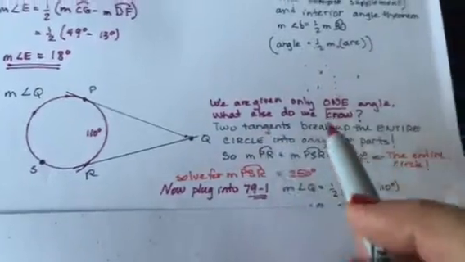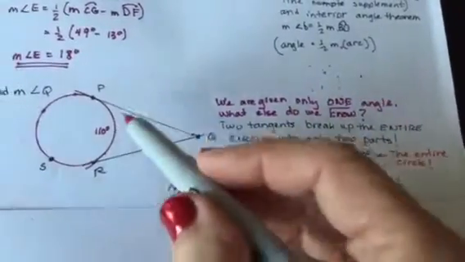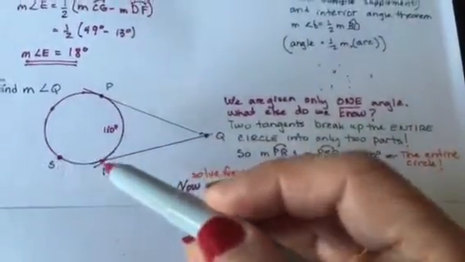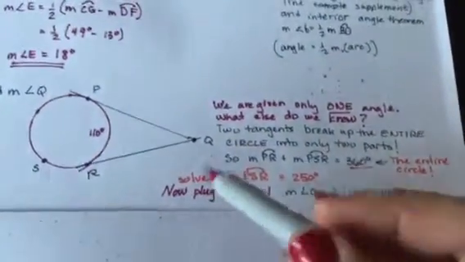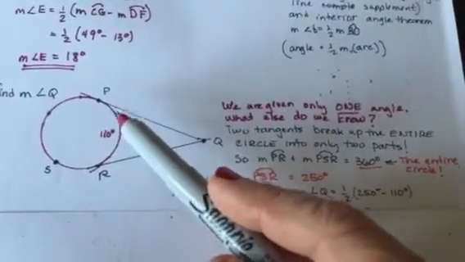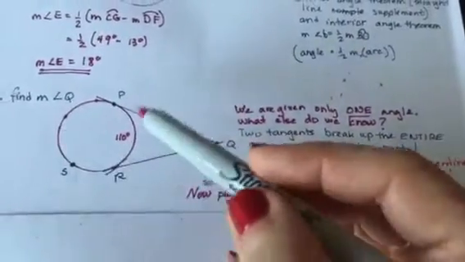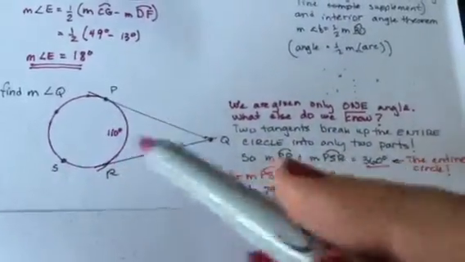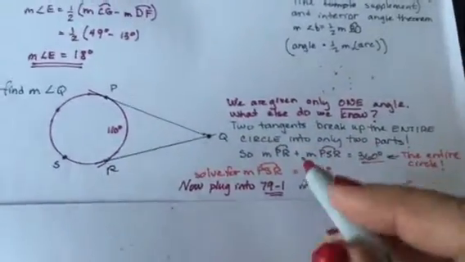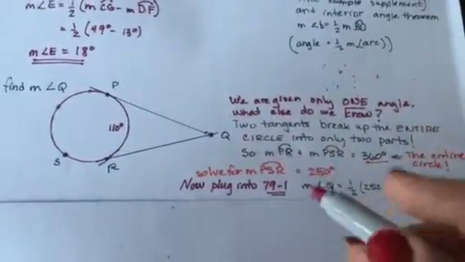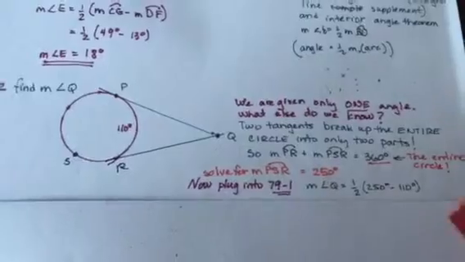Well, two tangents break up the entire circle into only two parts, the minor arc and the major arc. So the measure of arc PR plus the measure of arc PSR equals 360. When we solve for this greater arc, we get 250 degrees.